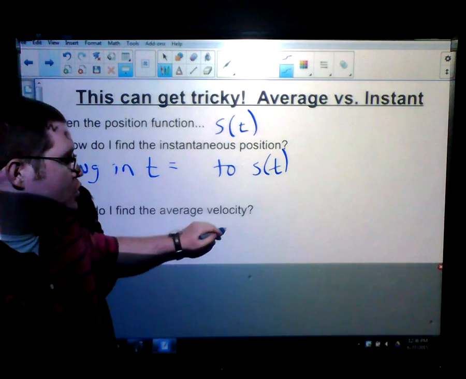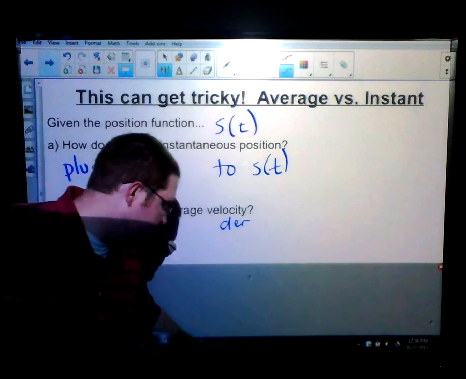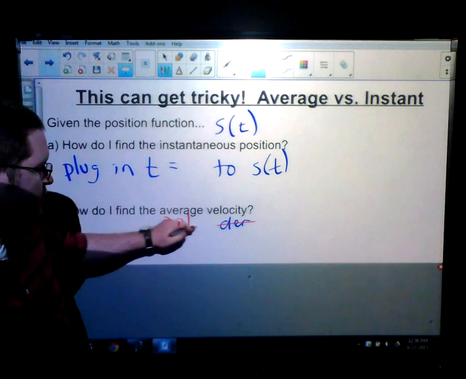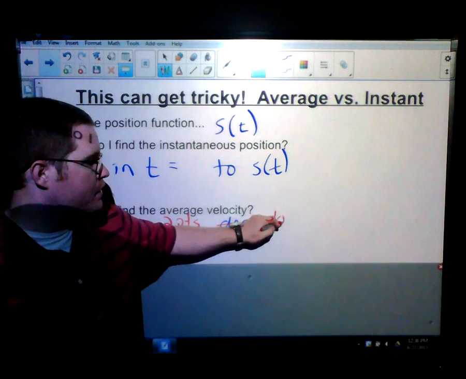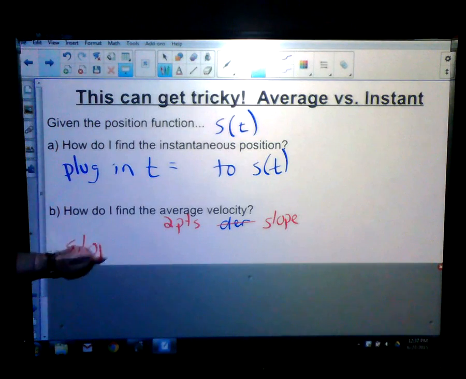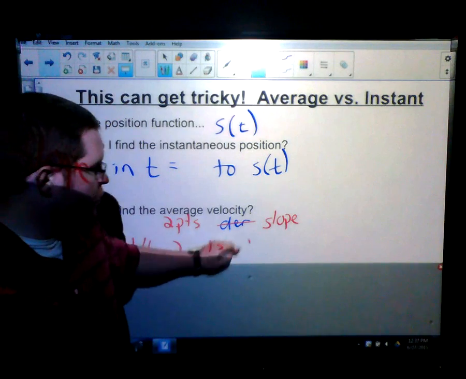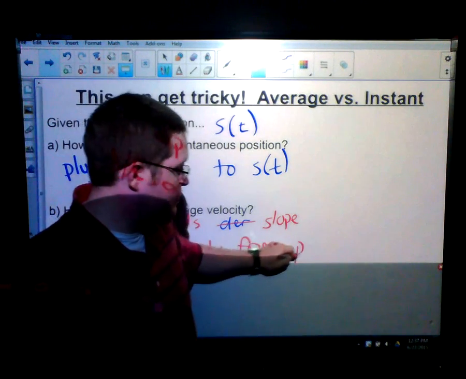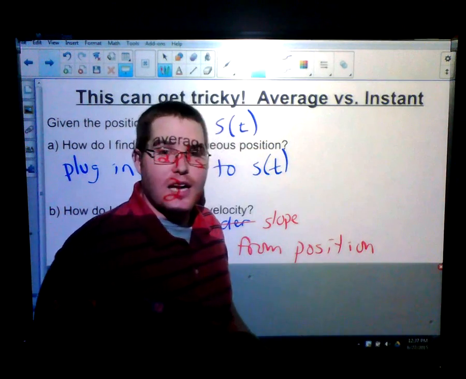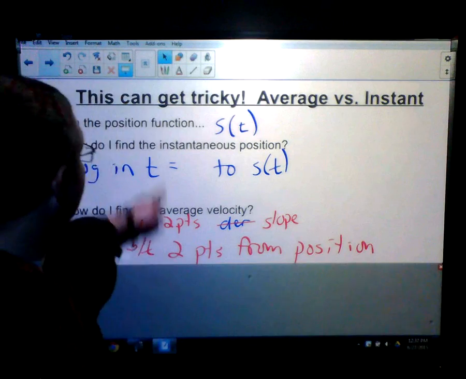Well, velocity usually means derivative. But when I see average, that means I don't want the derivative. That means I want 2 points, and derivative means slope. So I want the slope between 2 points from the position. I can't use the velocity equation. I don't know it because I don't use the derivative. So I want 2 points.